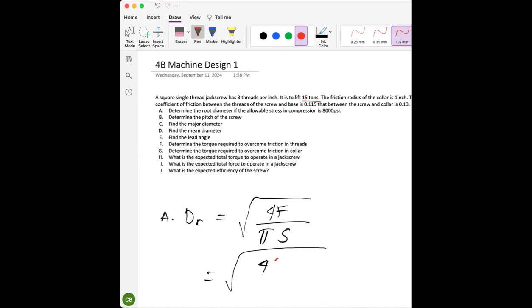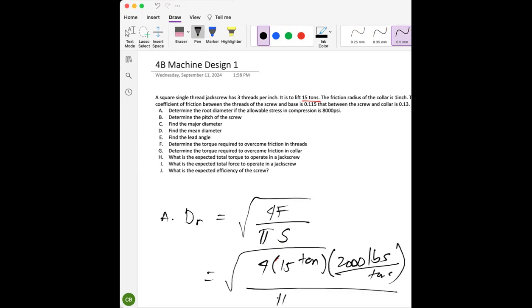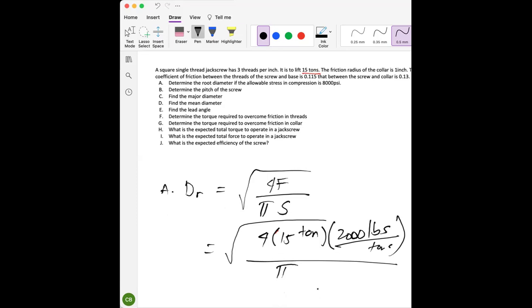So we will be converting that. 15 tons, or the short tons, would be 2,000 pounds each, over pi. And then the compression is 8,000. So that would be the root diameter.